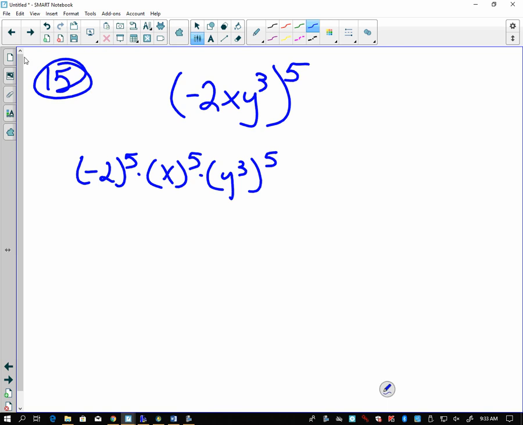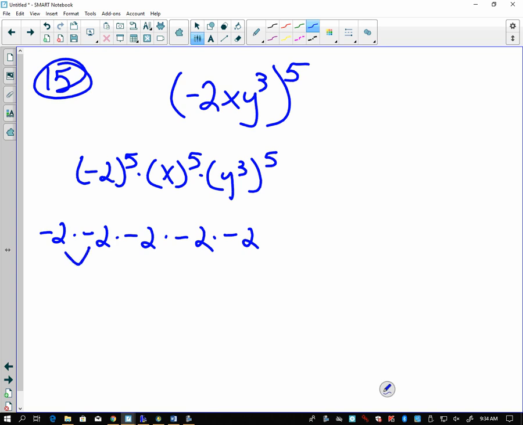What's negative 2 to the 5th? That is the same as negative 2 times what? Negative 2 times negative 2 times negative 2 times, do I keep going, or am I done? This might be an easier way to understand negative 2 to the 5th.